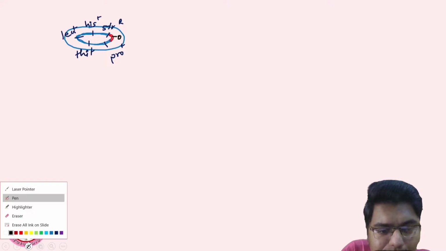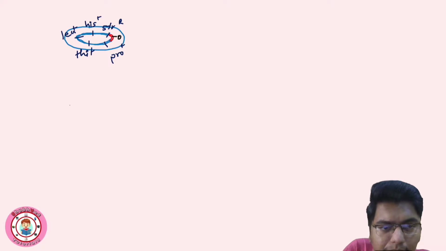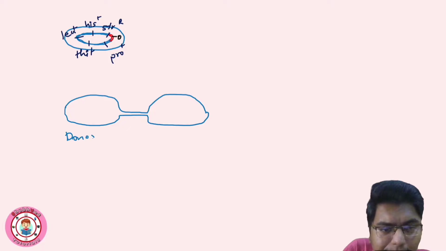So now the HFR conjugation will start. These are the two bacteria now, with a conjugation bridge, a bridge-like structure. This is the donor. Here also we write donor, and here recipient.